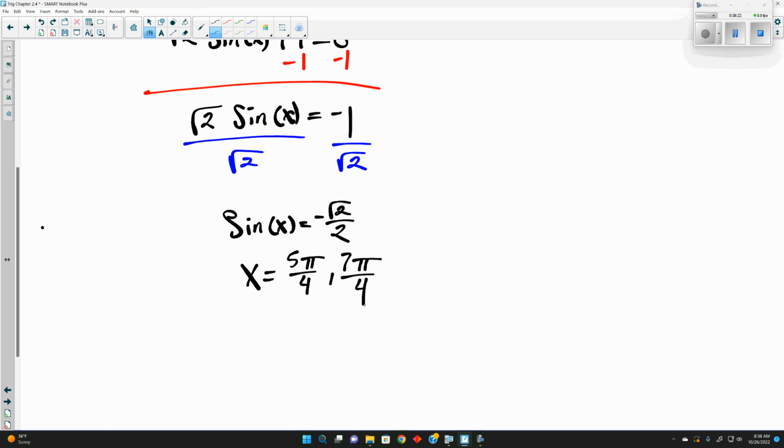Sine is negative in the third and fourth quadrant. So from 2 pi, we can subtract pi over 4, subtract 1/4 from 2. 2 would be 8/4, take 1 away, 7/4. In the third quadrant, we're adding pi over 4 to pi. So 4 over 4 plus 1/4 is going to give us 5/4. And those are our two answers.